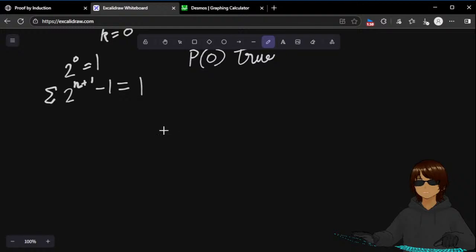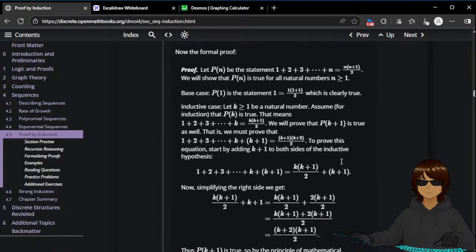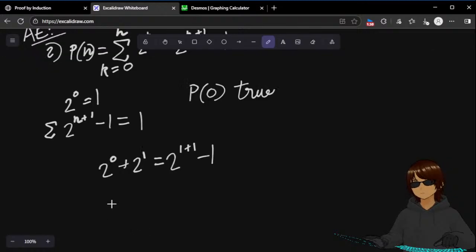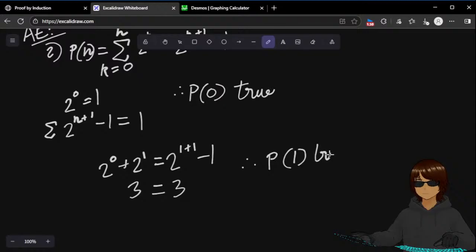Two to the power of 0, 2 to the power of 1 is 1 plus 2, which is 3. 4 minus 1, 3. P1, true.